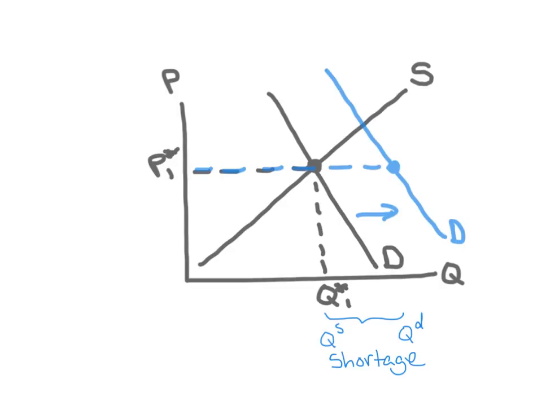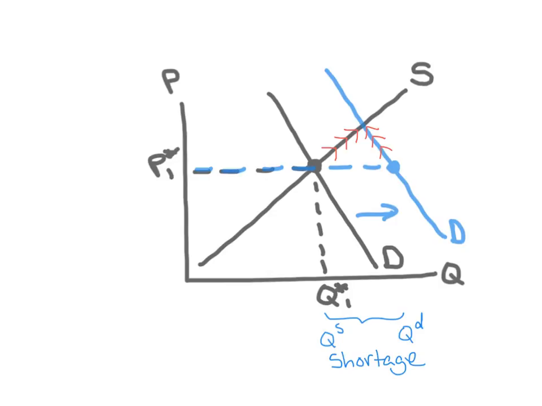Now, whenever we have a shortage in the market, it tends to put upward pressure on prices. So that's what we would expect to see here. And as the price rises, we're going to see an increase in the quantity supplied. So we'll move here up along the supply curve. But the increase in prices will simultaneously reduce the quantity demanded, because consumers don't like paying higher prices.